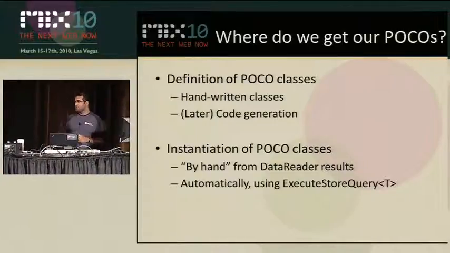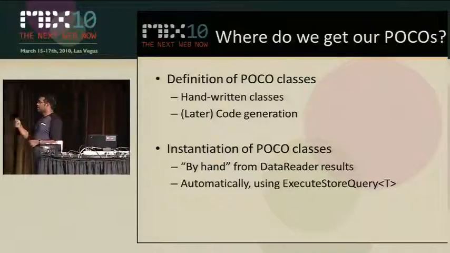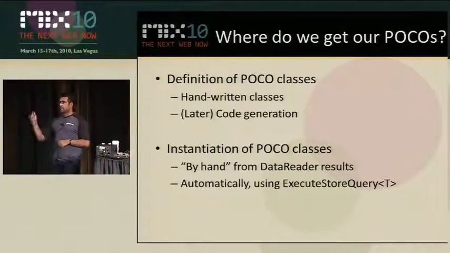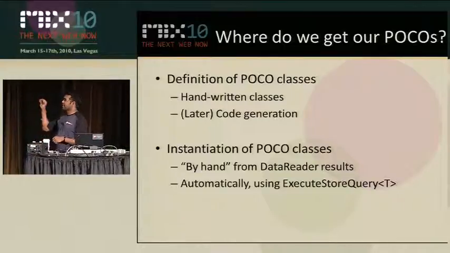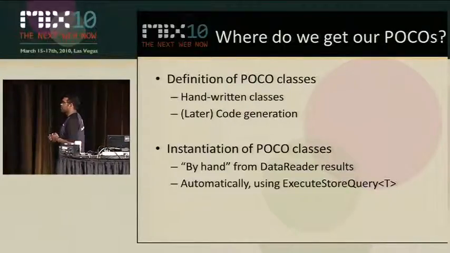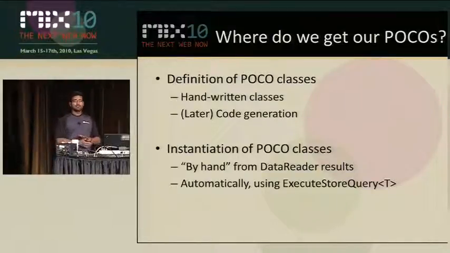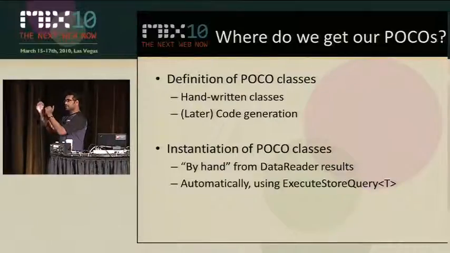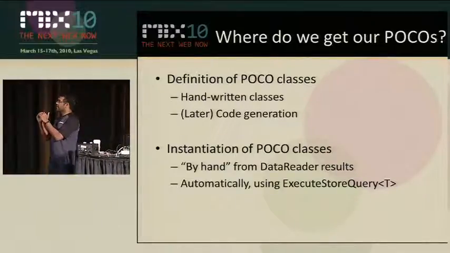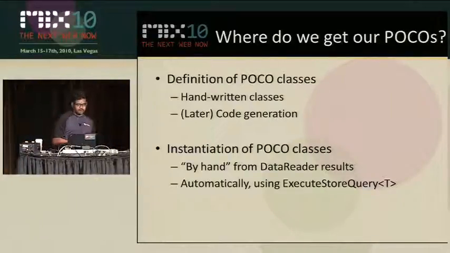We can also use a feature of the ADO.NET Entity Framework called ExecuteStoreQuery of T. And we'll look at this in just a moment. Think of this as the first piece of the Entity Framework that you might want to use in an application. It doesn't require you to buy into ORMs or modeling or anything. It's actually a very incremental step above the straight SQL data access that we just looked at, to a way to get strongly typed objects out of your queries.